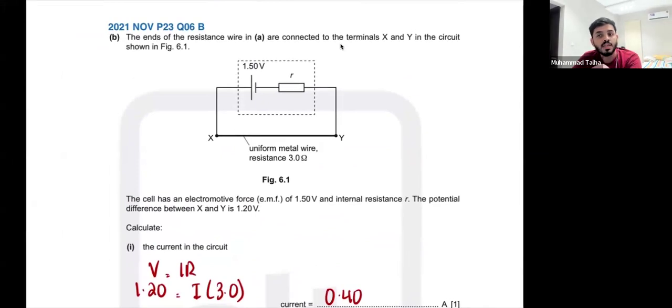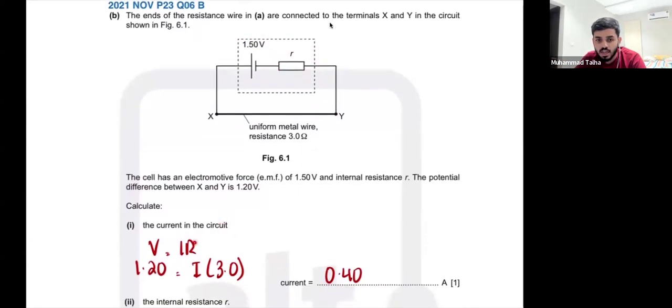Now again, in electricity, this is how any good student should be doing the question: without even thinking about what the examiner wants, you should be thinking about what you can possibly calculate. I read here that this EMF is 1.5 volts, and out of that 1.5, 1.2 appears here. So I know that the remaining 0.3 volts is basically appearing here, right?